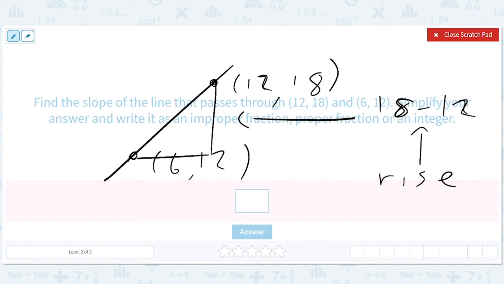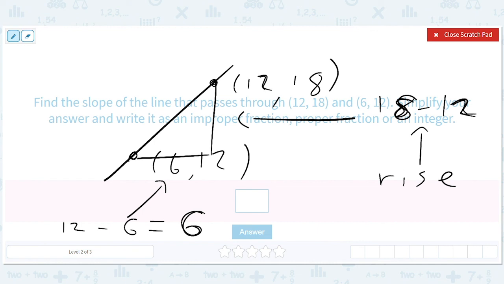When you subtract the x's, you get the run. You can't say we get the runs because that means something else.